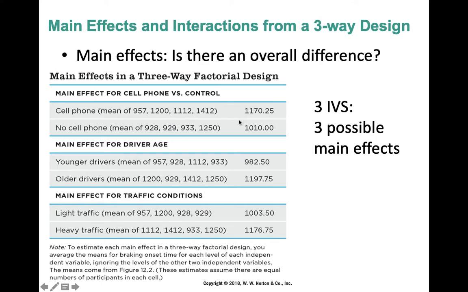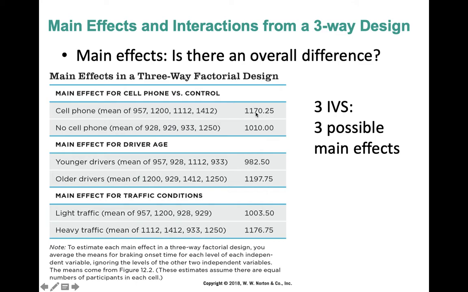Okay, and so this would require doing a statistical test, but we can eyeball the numbers, and let's just say for the time being, we'll treat any difference as significant, okay? We're seeing that there is an overall difference for using a cell phone versus not using a cell phone.